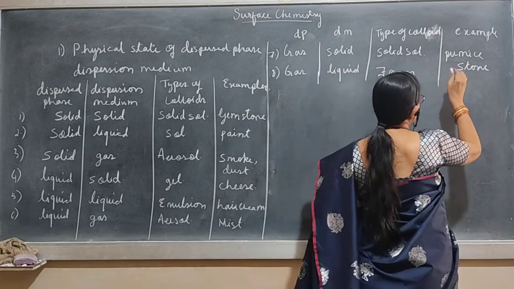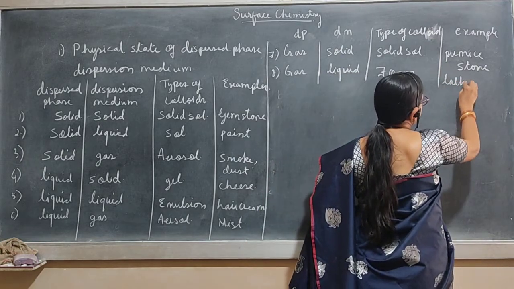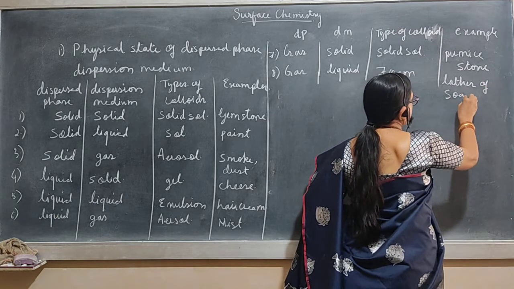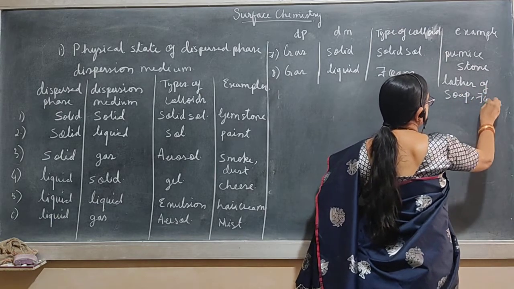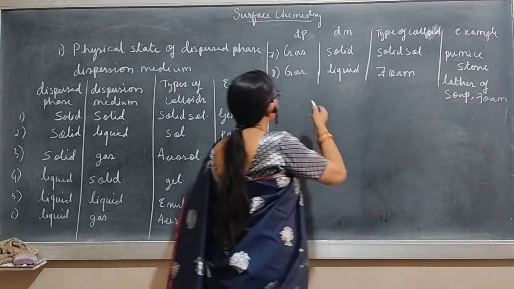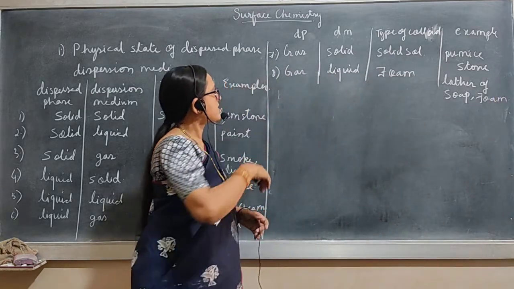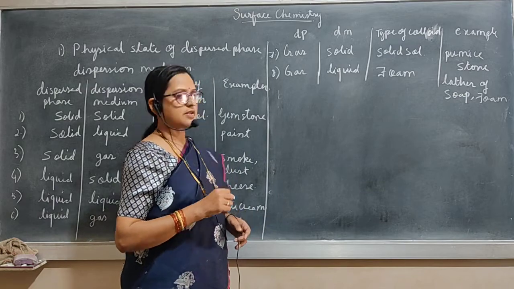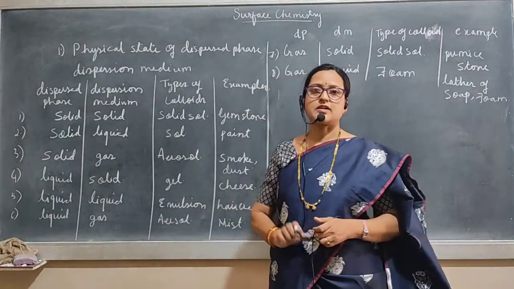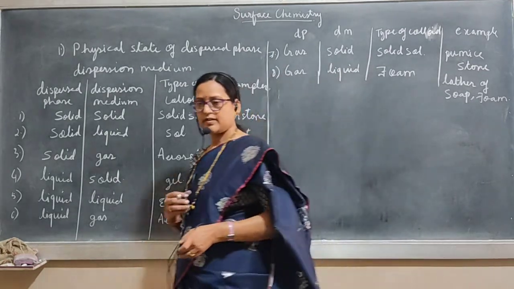Example is a lather of soap. We cannot take an example of dispersed phase as gas and dispersion medium as gas because these are homogeneous. All the examples we have taken are heterogeneous.